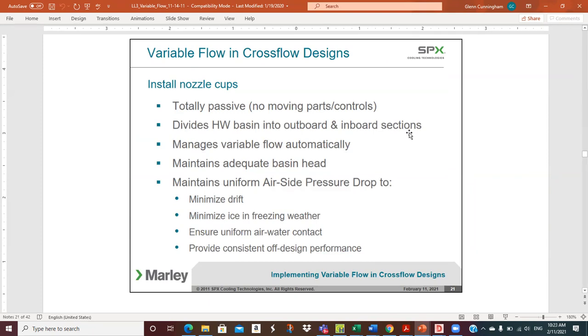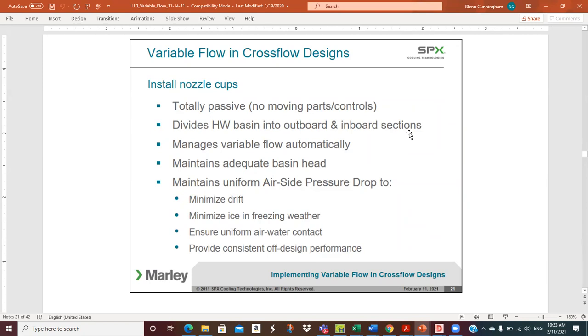Okay, so variable flow in crossflow designs. Marley has this thing they call nozzle cups, which are kind of interesting. They're totally passive. There's no moving parts. It divides the hot water basin into interior and exterior sections, or they call them outboard and inboard sections.